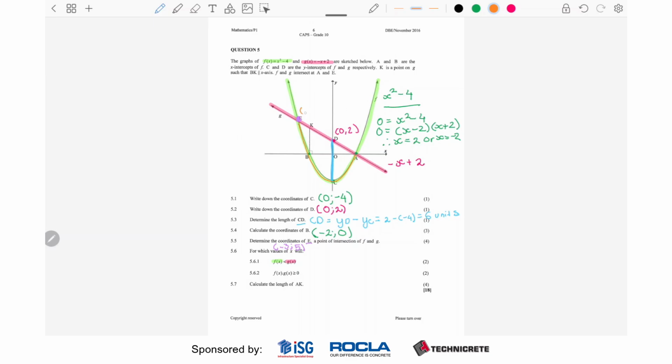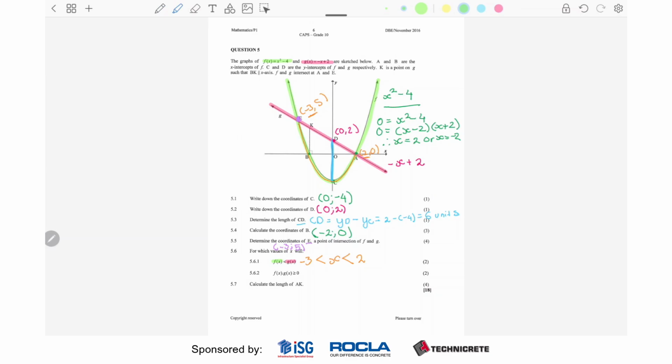So we already know E is (-3, 5), and A will be (2, 0). The x values will be from negative 3 to 2. So negative 3 to 2. That's it.